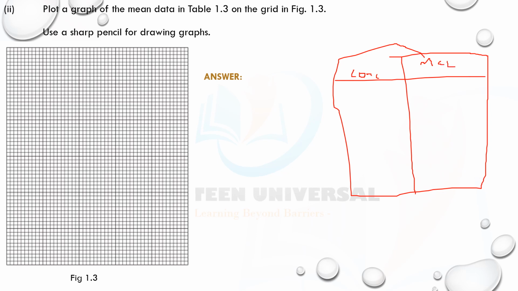Remember the first one here is 0.0, which gave us the mean length of plus 2.7. If you check, the mean length for 0.2 is what?